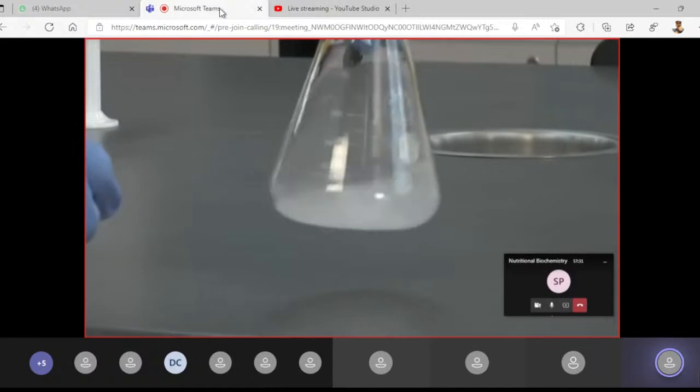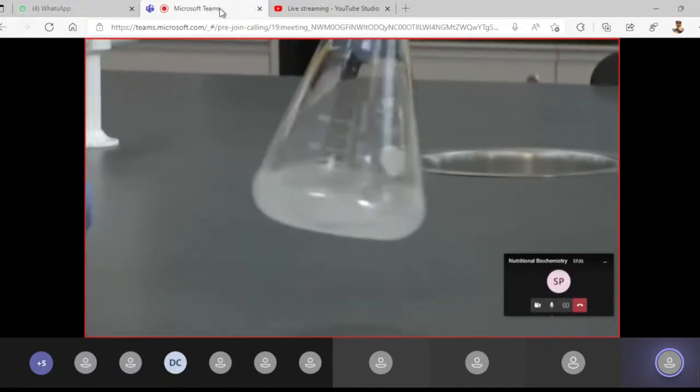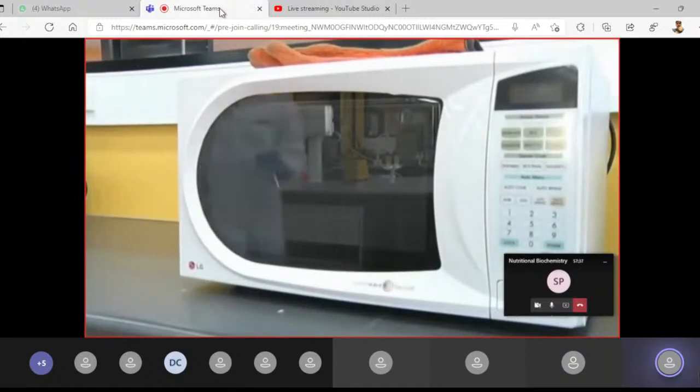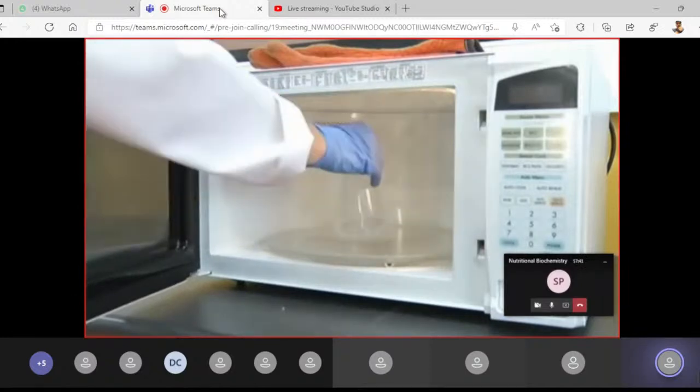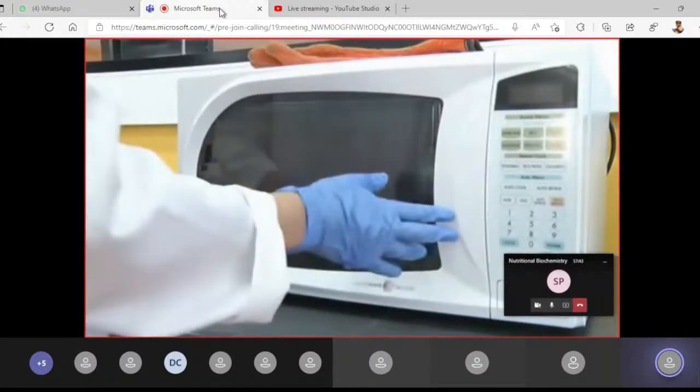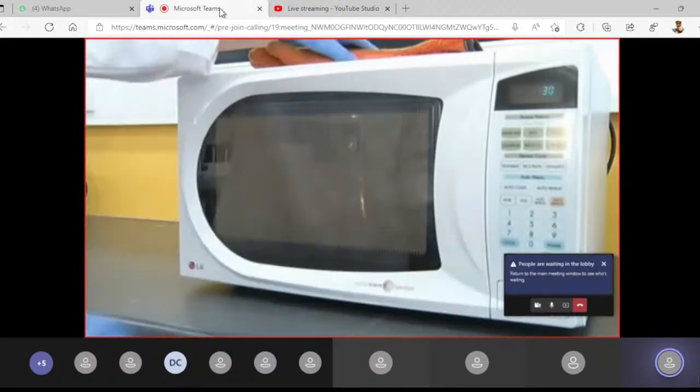Then swirl the flask. Microwave the flask on high for 30 seconds. Keep a close eye on the flask to ensure it does not overboil.